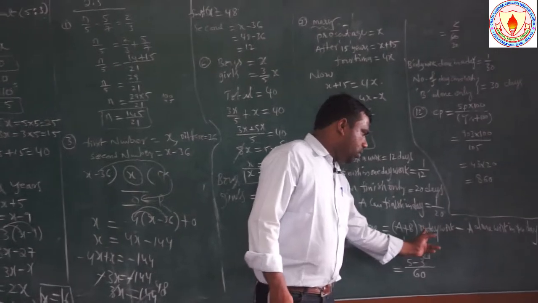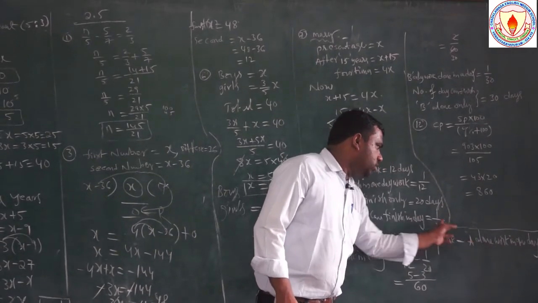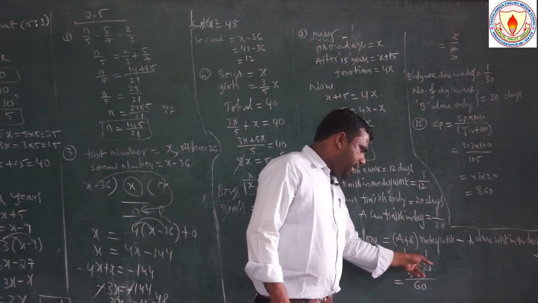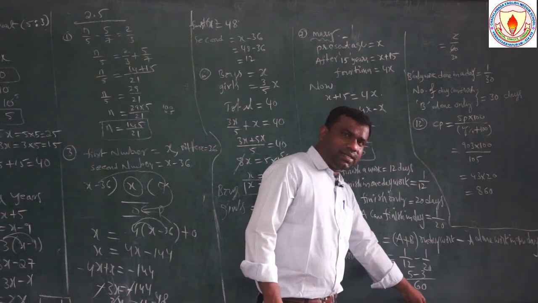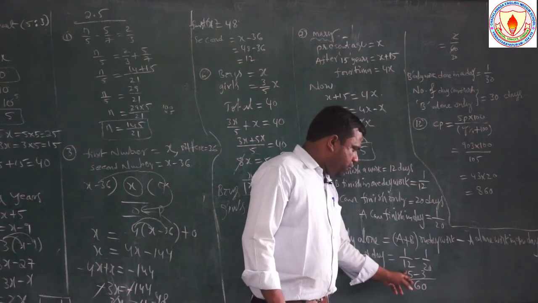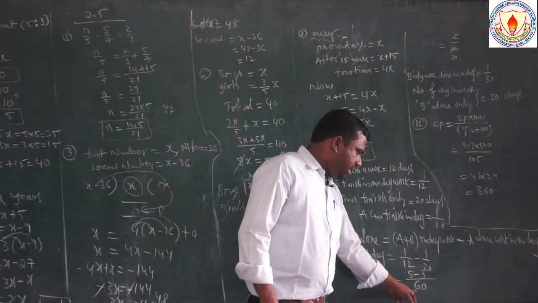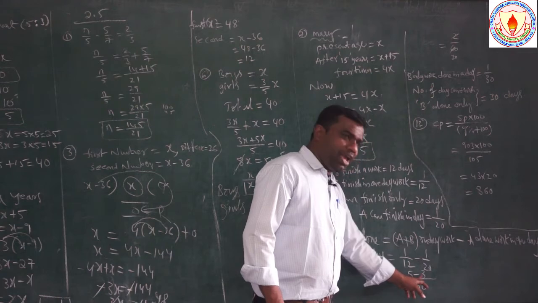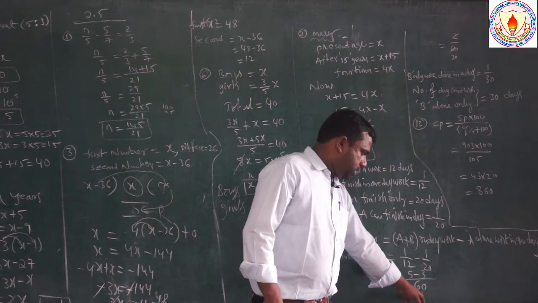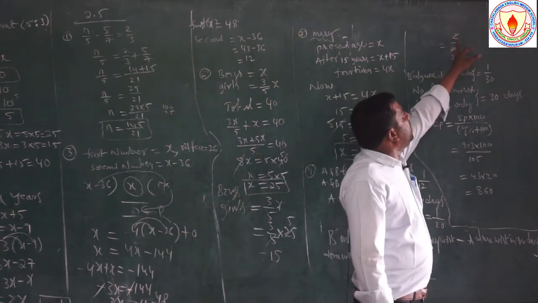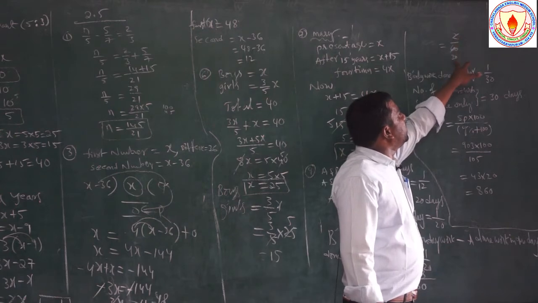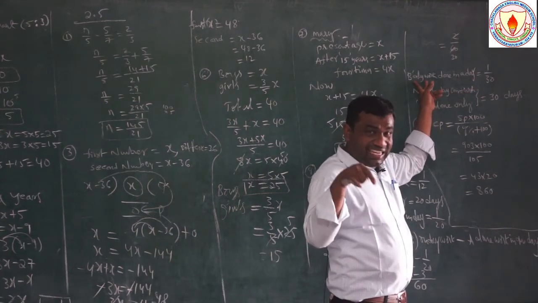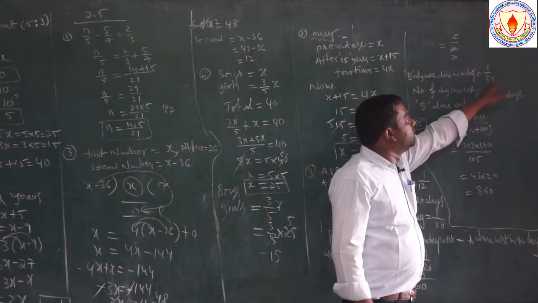So A plus B's 1 day work minus A's value, which is 1 by 20, from the total work 1 by 12. So 1 by 12 minus 1 by 20. LCM is 60. 12 table in 60, 5 times, and 20 table in 60, 3 times. So 5 minus 3 over 60, so 2 by 60. 2 table cancels, 30. So finally, B alone in a single day is equal to 1 by 30.